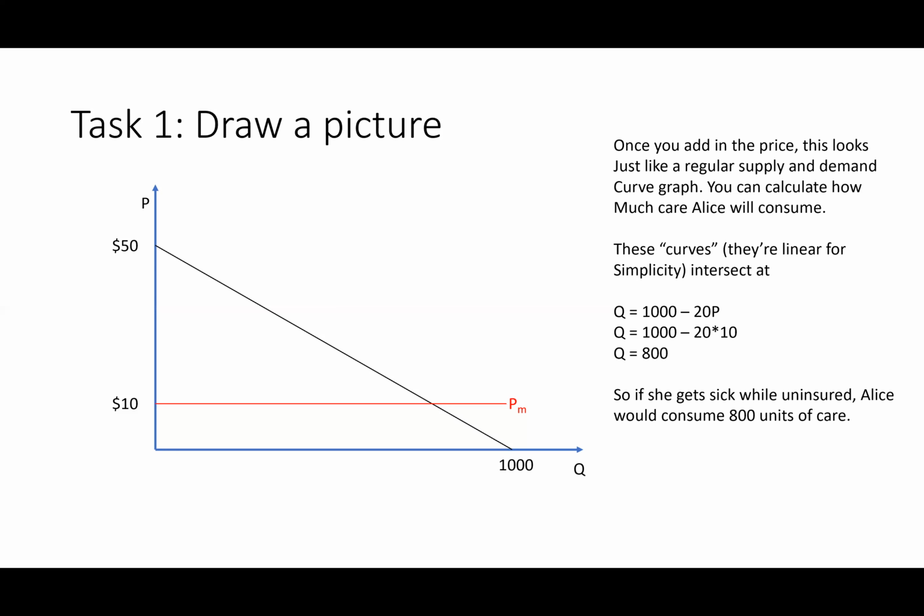So if Alice gets sick when she's uninsured, she would consume 800 units of care, because, as we've done many times, this is the precise point where anything beyond that care would cost $10, but it would be worth less than $10 to Alice. And at any point before here, she values that care at more than $10, so she will certainly be willing to pay at least $10, all the way up until the point where they intersect. And in this case, that's 800.